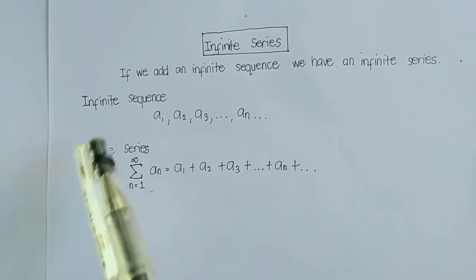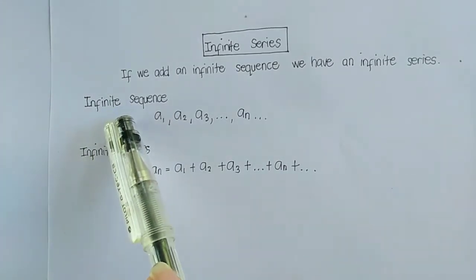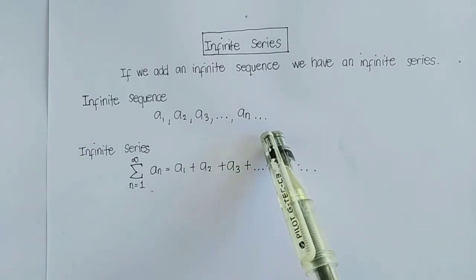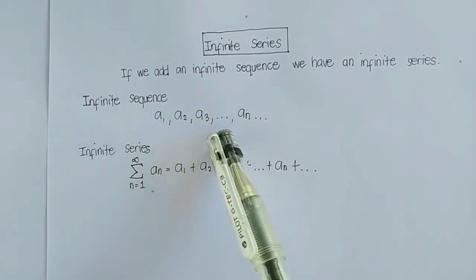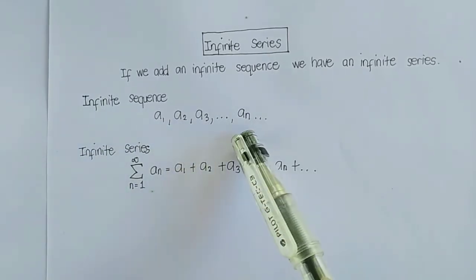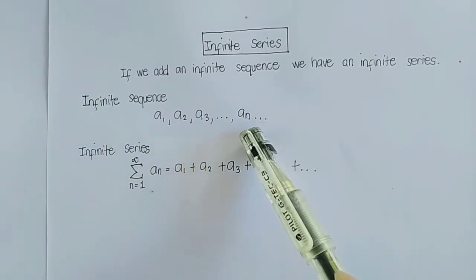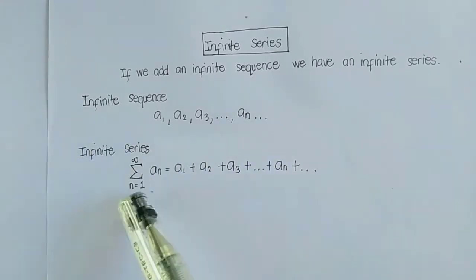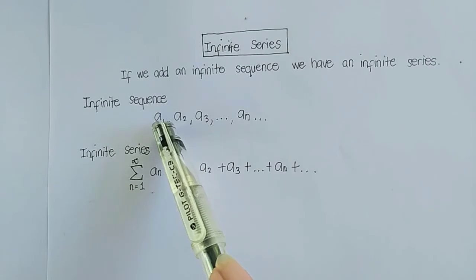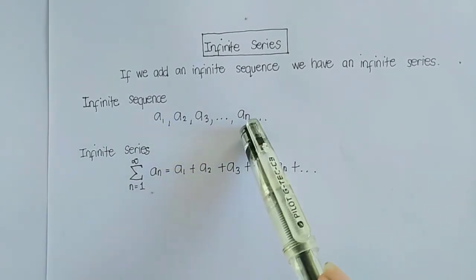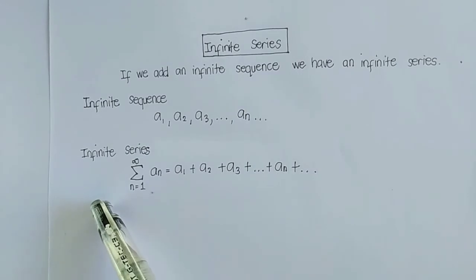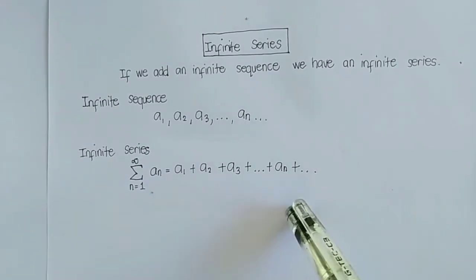Remember, an infinite sequence is just an infinite list of terms. If we take an infinite sequence, for example a sub 1 and a sub 2, and then sum the terms, we have what is called an infinite series. So as we see here, we took the list of terms in our infinite sequence and added them up, and then we have what is called an infinite series.